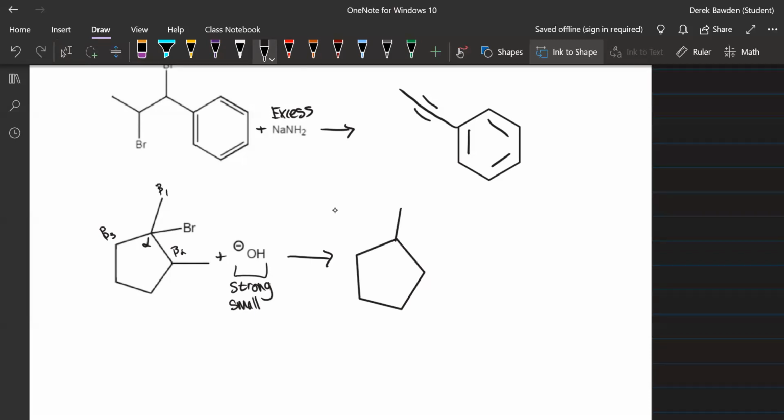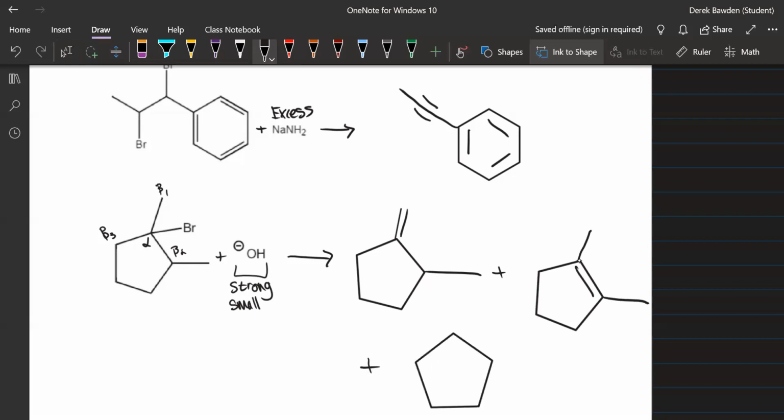one of the products is going to have a double bond here. We're going to have another product with the double bond here. We're going to have another product with the double bond here.